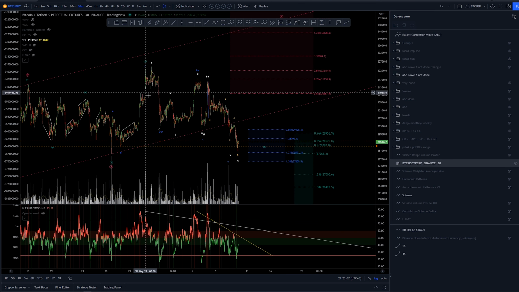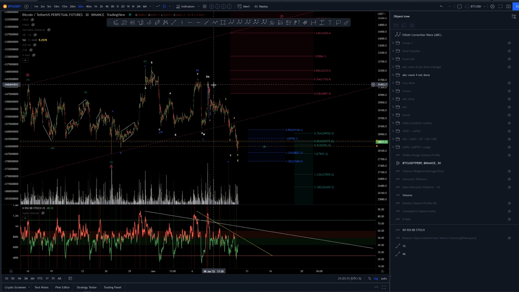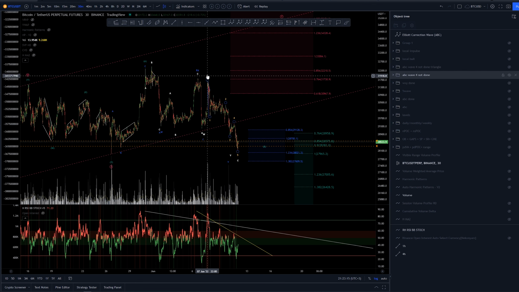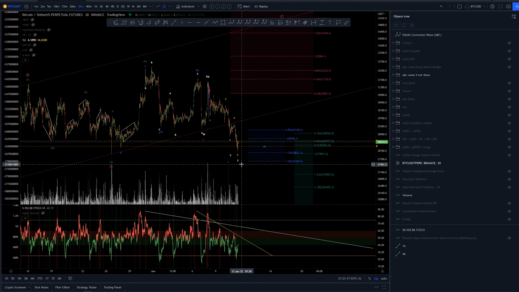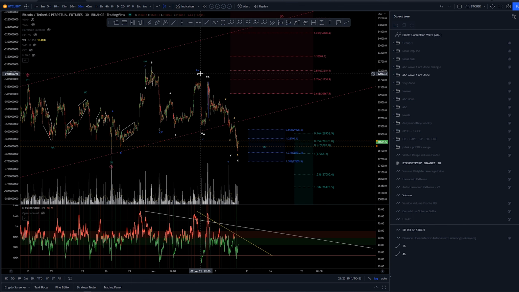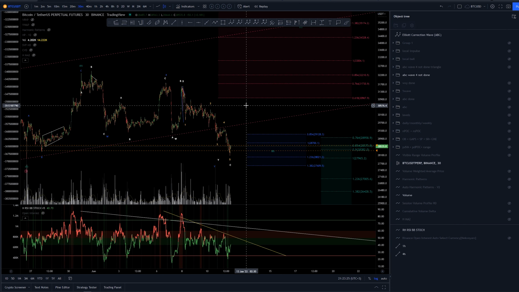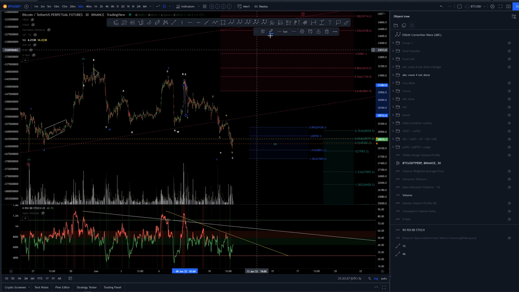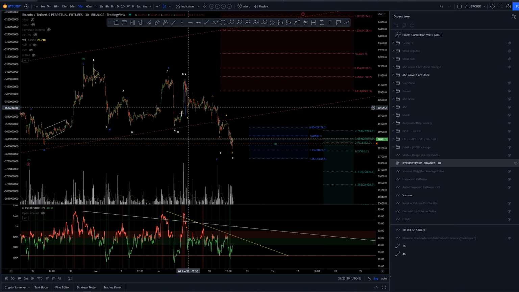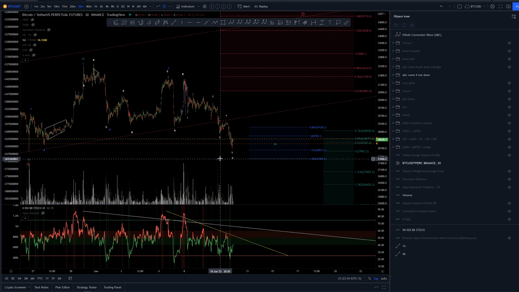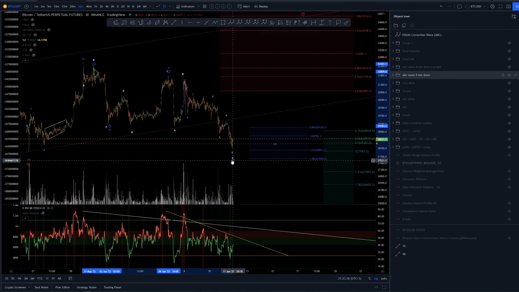We still have this ABC into A or W, ABC into B or X, and then some kind of ABC, ABC, and 5 waves down. So this would be overall a WXY instead of the ABC, and there we go. Let me move these. So this would be again A, B, and C here to complete the wave Y.